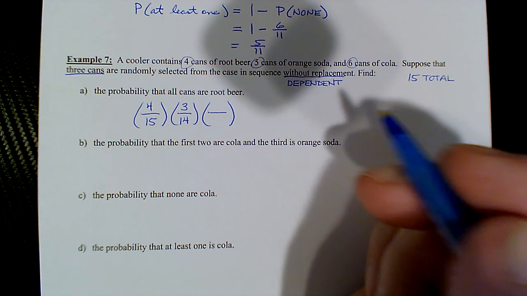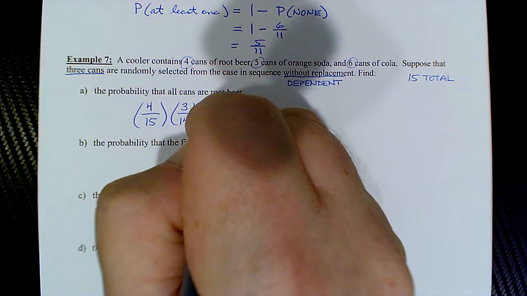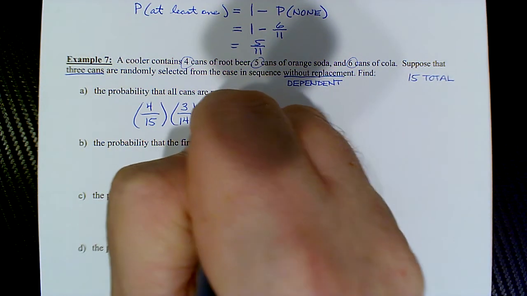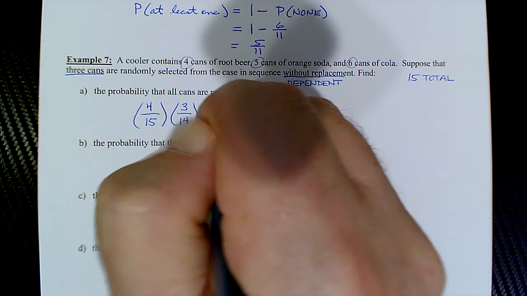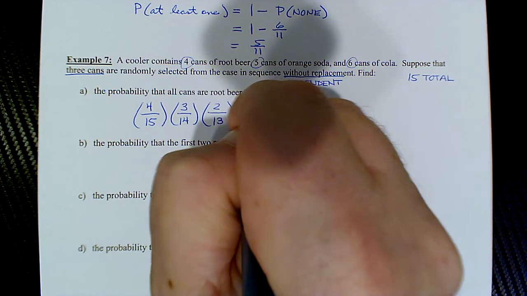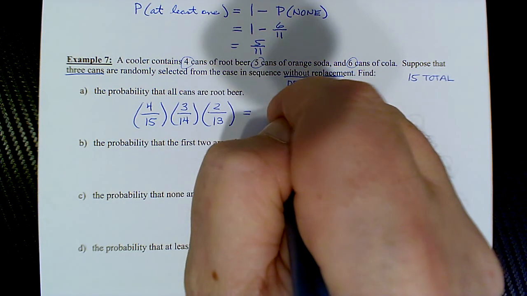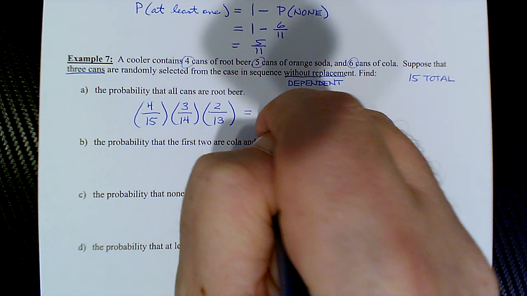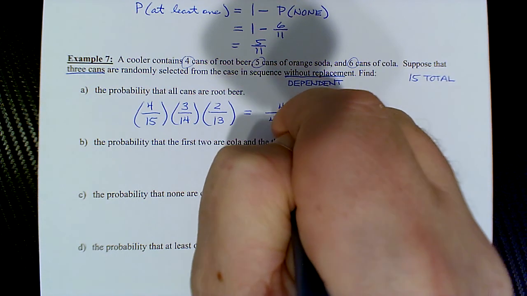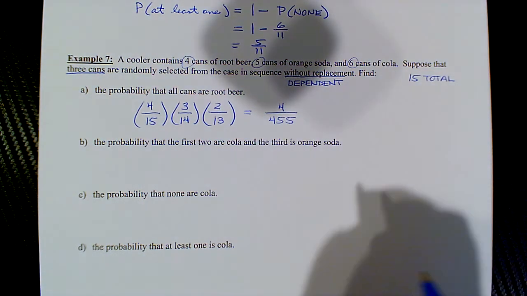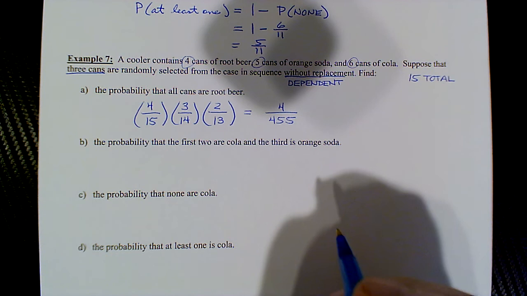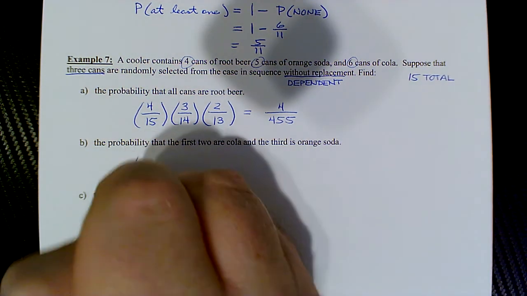And then similarly in the third time we draw, there's only 13 cans, and out of those, only 2 are root beer. And that multiplies and reduces to 4 over 455. Okay, again, it can be 3 fractions.